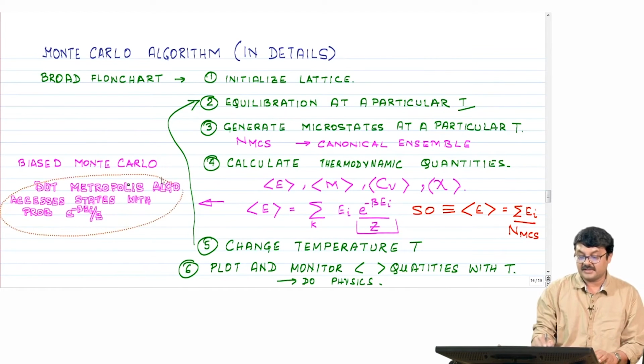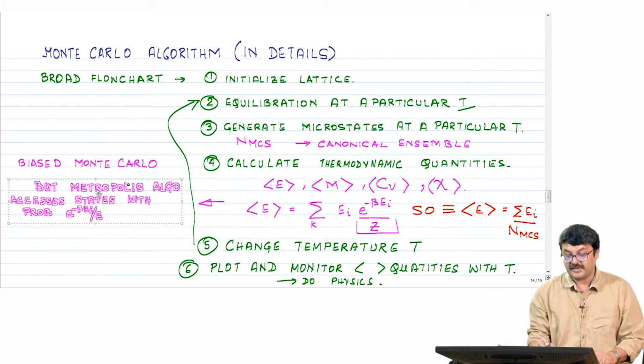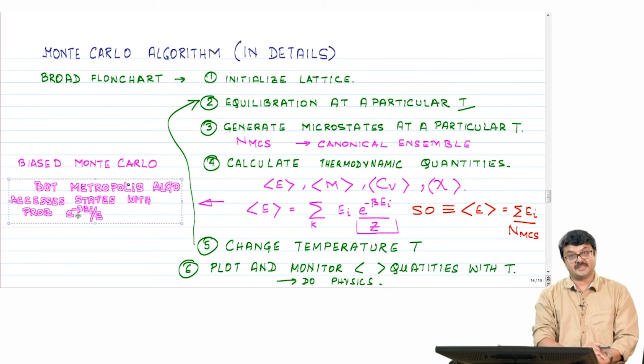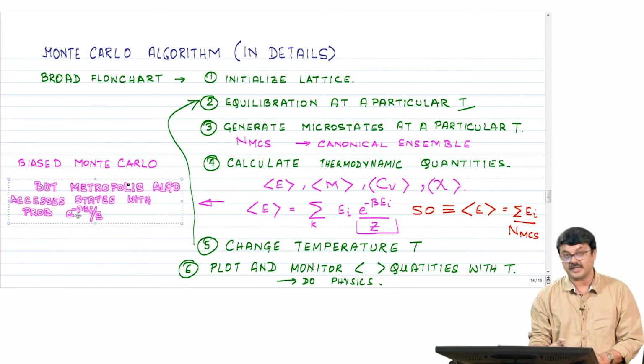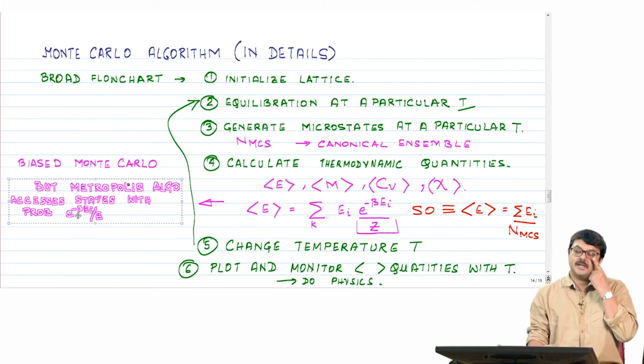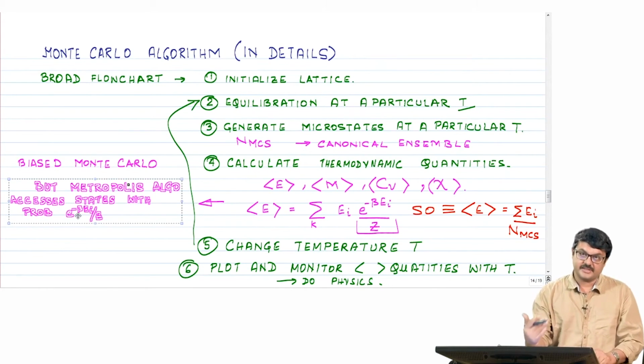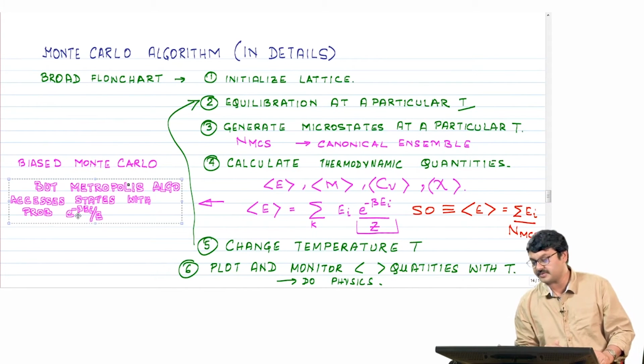As I told you, in the Metropolis algorithm, various microstates are accessed with probability e to the power minus beta delta E. It is a biased Monte Carlo, all microstates are not equally accessed. We are already using the background physics that we know to access different microstates.